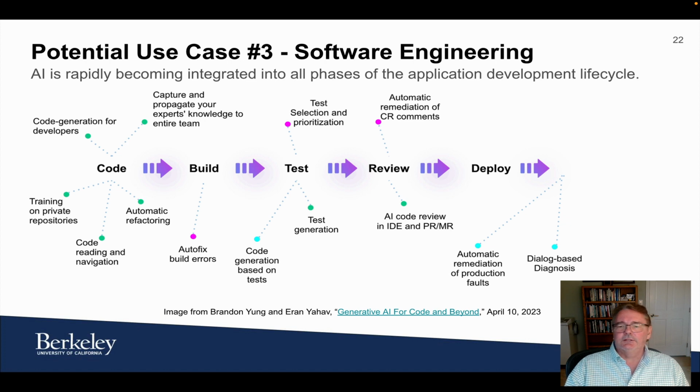The purple dots are a little further behind and will follow those capabilities. What's likely to happen is these capabilities will get included in integrated development environments and DevOps platforms in a similar manner that Microsoft has plans to include generative AI in Microsoft Word. The end result is developers will be much more productive.